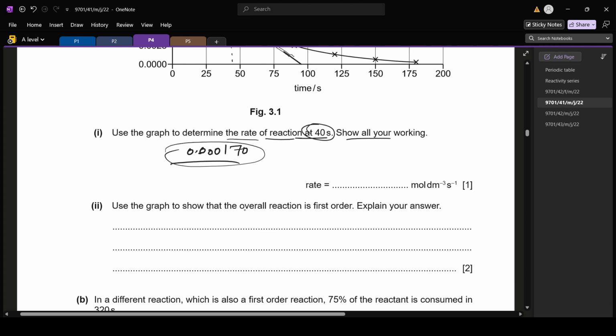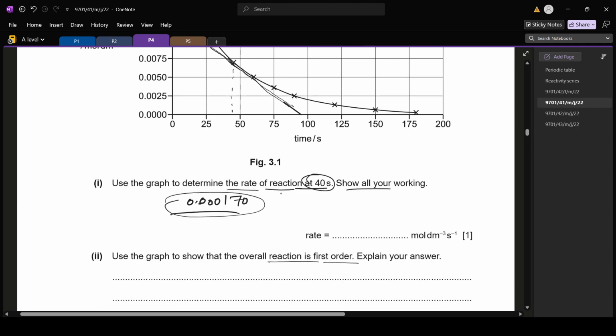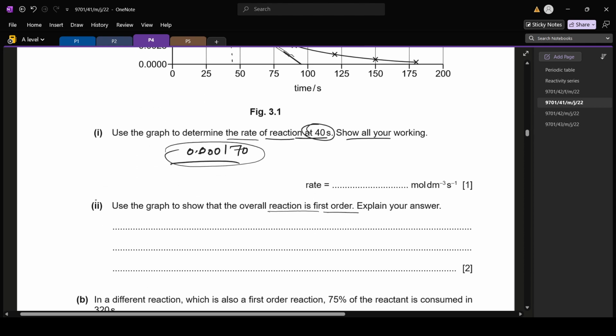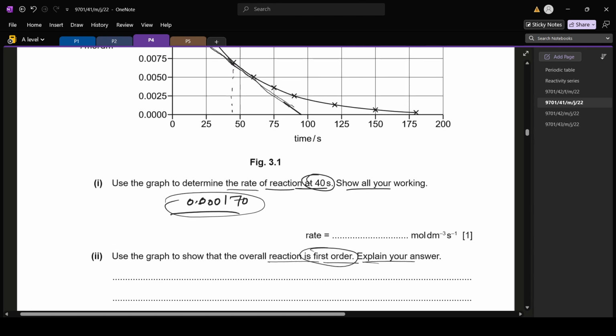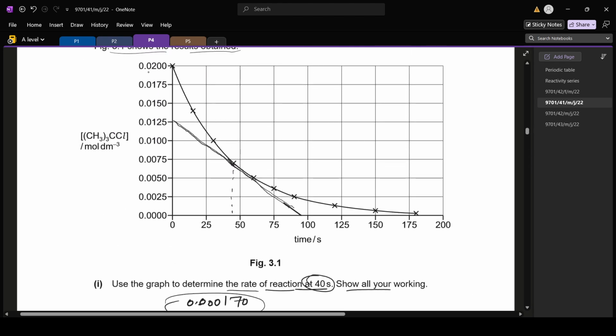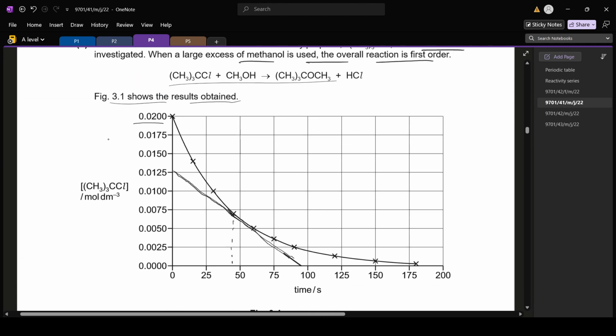Use the graph to show that the overall reaction is first order. For a first order reaction, the half-life is constant. So if you see, what is the initial concentration of 2-chloro-2-methyl propane? This is 0.02.